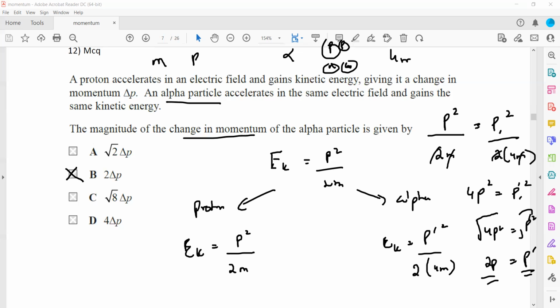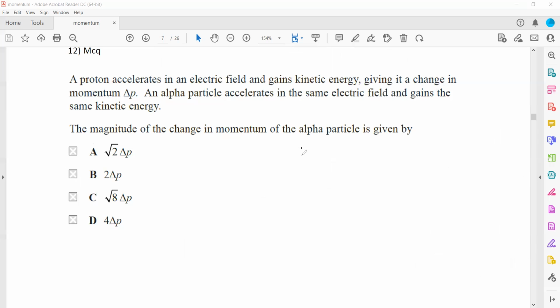The second way, you can directly use this formula: kinetic energy is p squared over 2m. So kinetic energy into 2m, in a root, is equal to p. They mentioned the kinetic energy is not changing, it is the same. So what is the relation between the momentum and the mass?